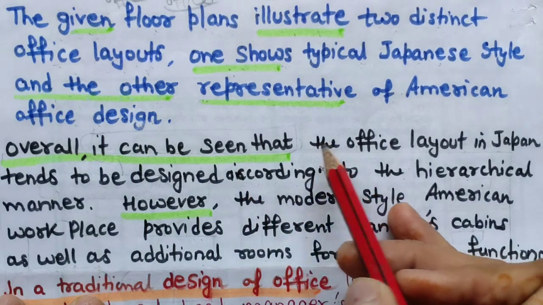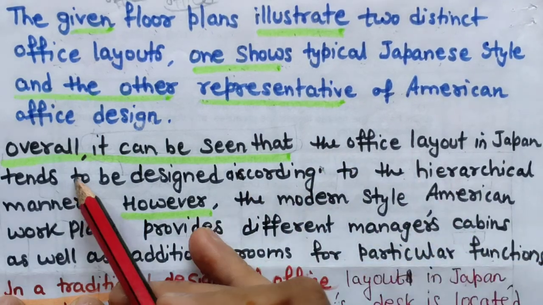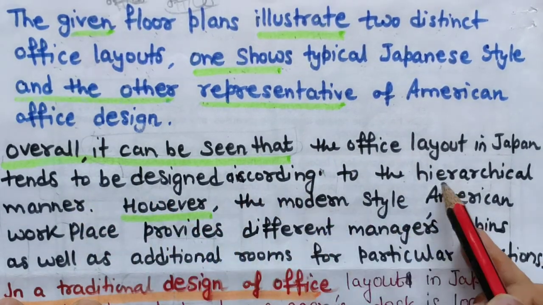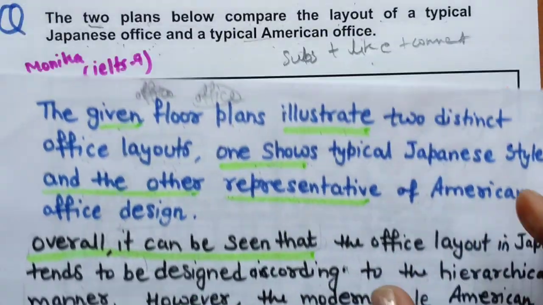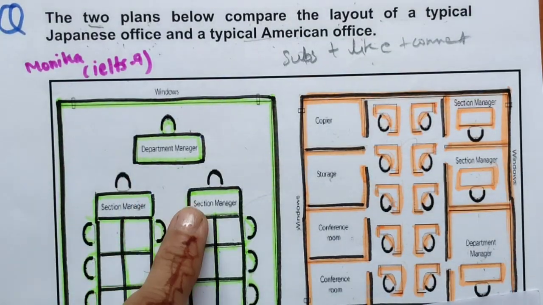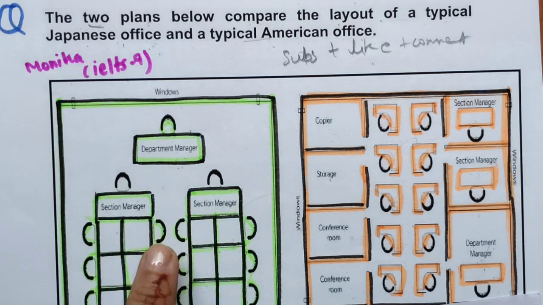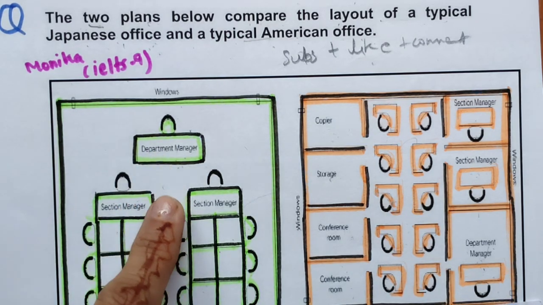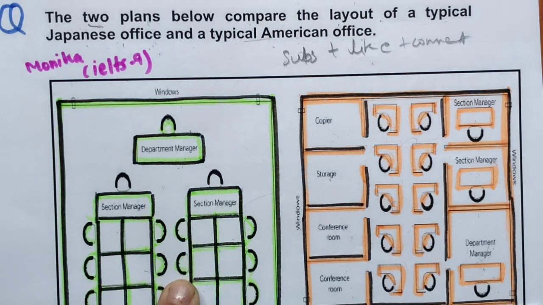So the office layout in Japan tends to be designed according to the hierarchical manner. First the senior, then the sub junior, then the lowest junior persons are sitting. So higher, then lower, then lower.